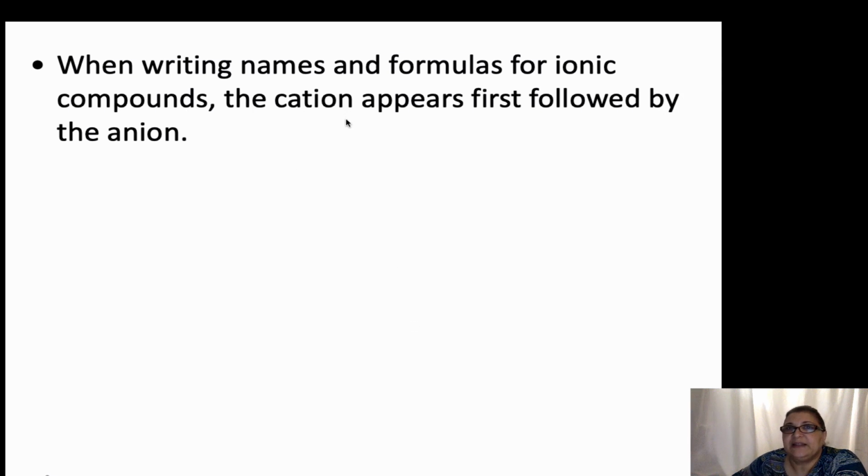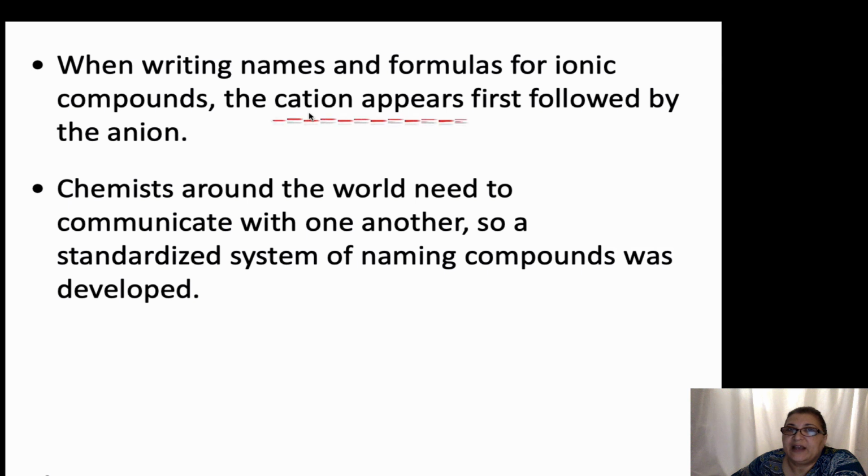When we're writing the names and formulas for ionic compounds, always the cation is first, followed by the anion. In the past, we know that a cation is positive, usually a metal, and the anion is usually the nonmetal, which is negative.